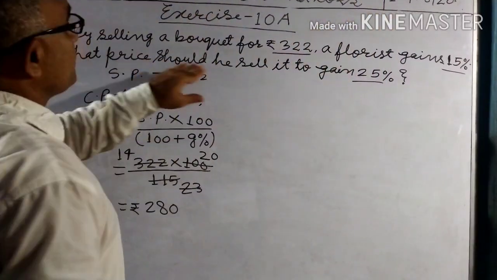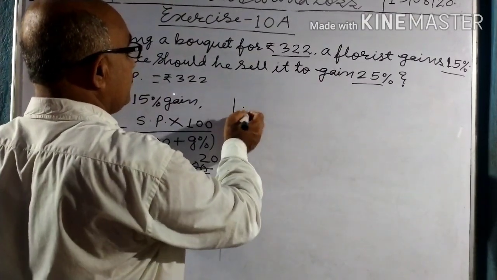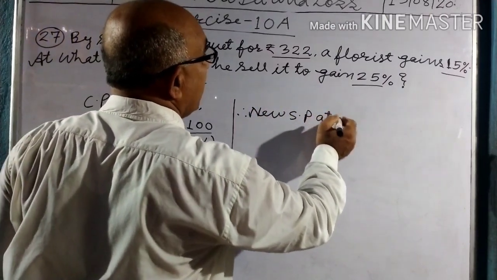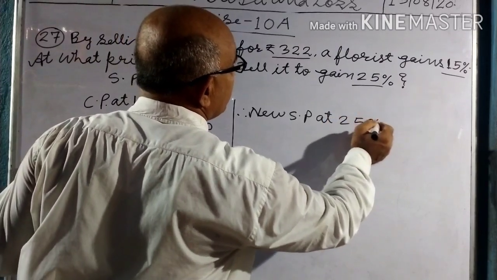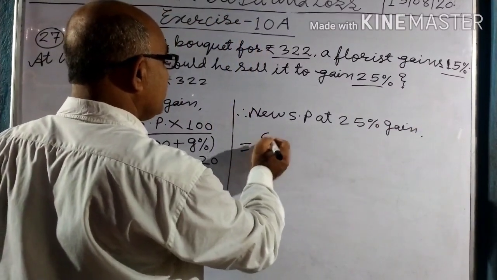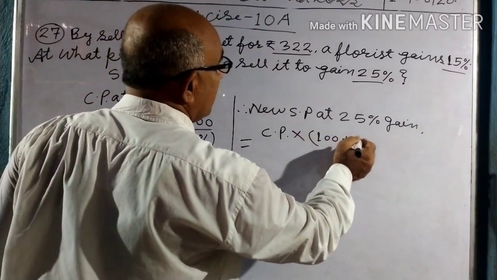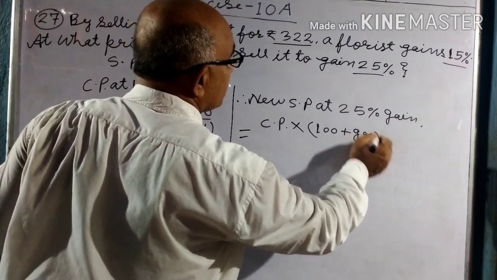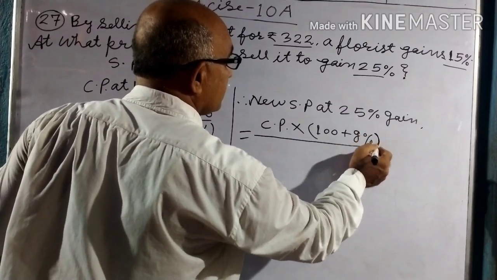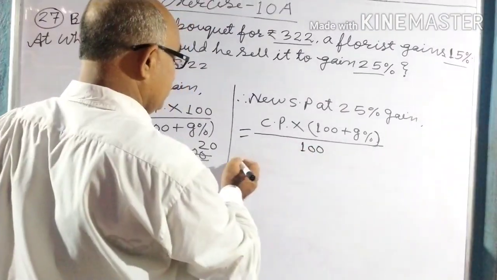Now find new SP at 25% gain. So new SP at 25% gain equals formula: CP into 100 plus gain percent by 100.